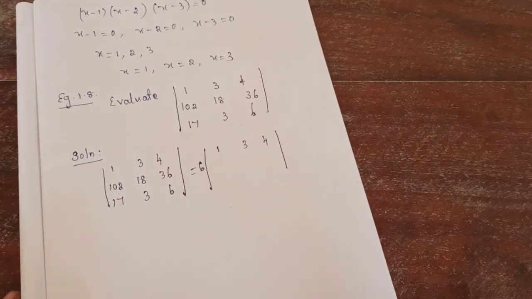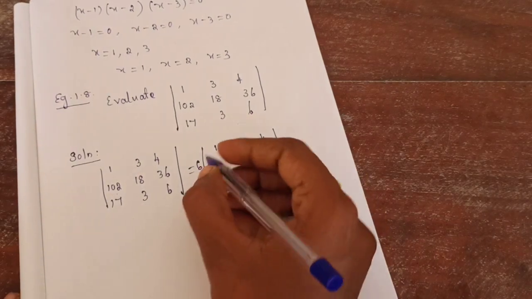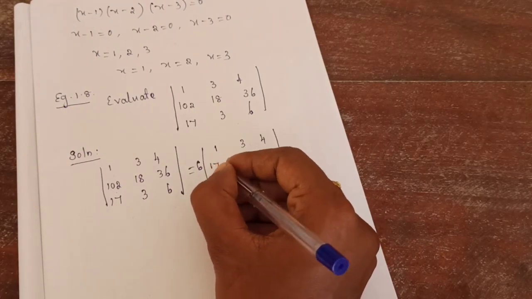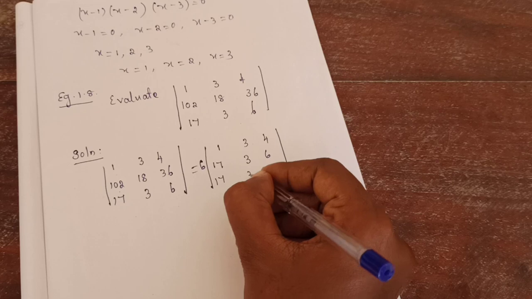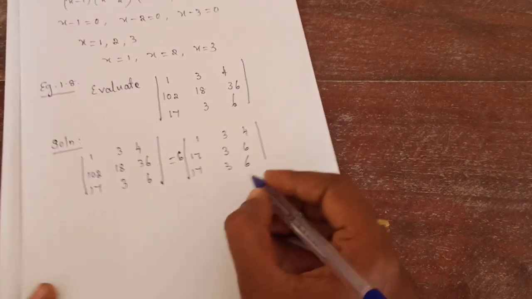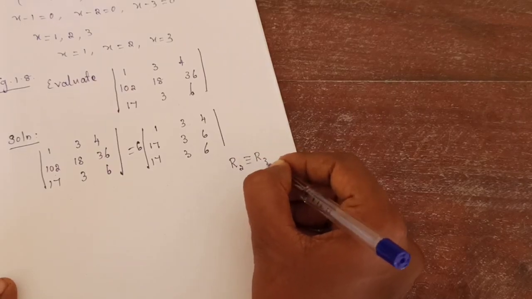That is, if all the elements in a row of a determinant are multiplied by a constant k. Here the constant k is 6. So if I take 6 outside, what is the balance? 17 you will get, here it is 3, here it is 6, again 17, 3, 6. Now see this determinant: R2 and R3 are identical.